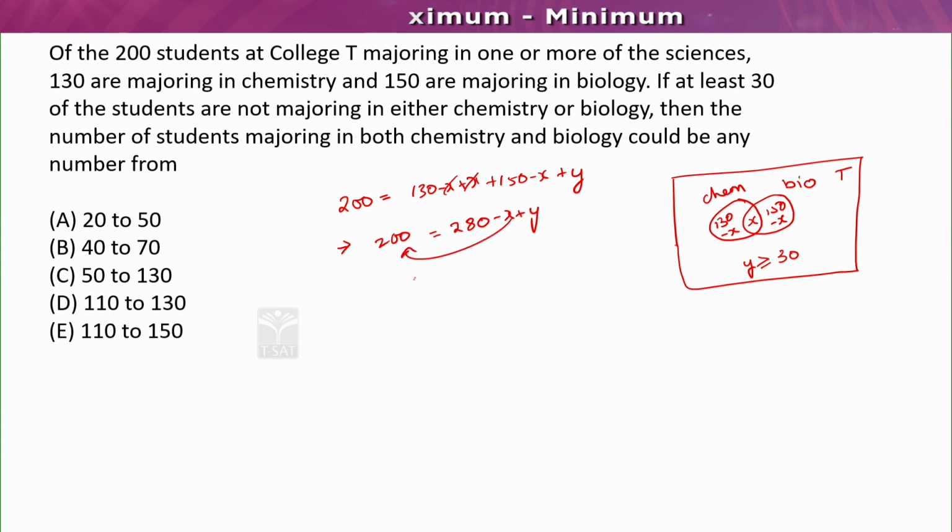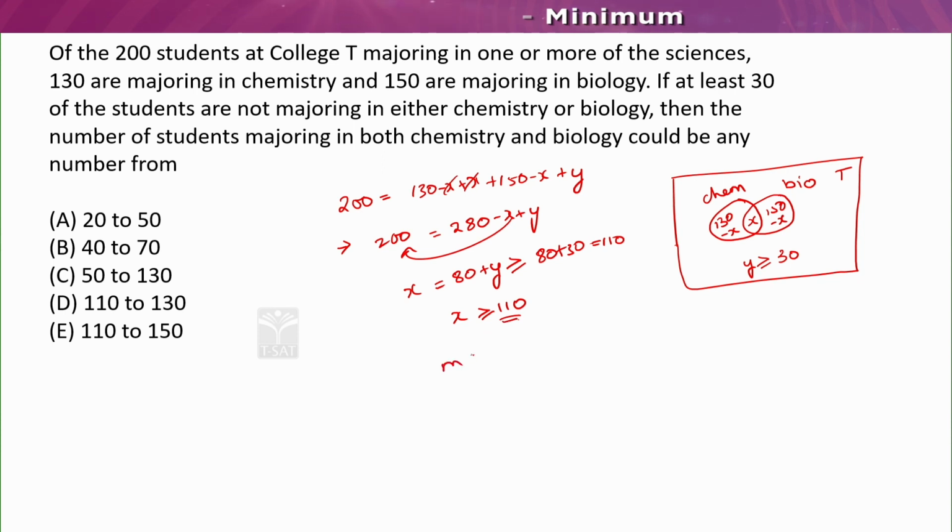Taking x to the other side, you have x equal to 80 plus y, and we know that y is greater than or equal to 30. So x is greater than or equal to 80 plus 30, that is 110. So the minimum value that x can take is 110.